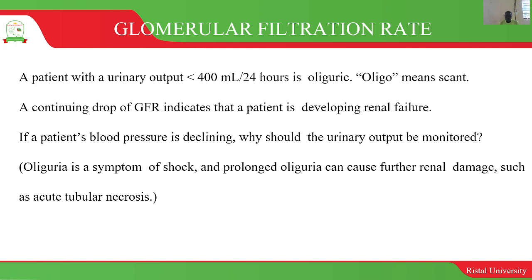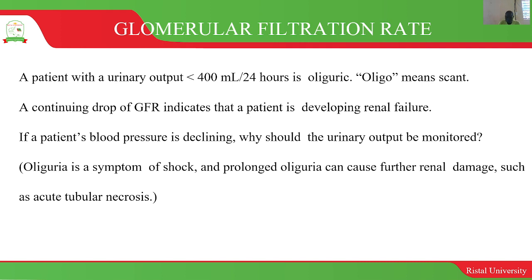A continuing drop of glomerular filtration rate indicates that a person is developing renal failure. If a patient's blood pressure is declining, why should the urinary output be monitored? This is just a question. But we already mentioned that oliguria is a symptom of shock, and prolonged oliguria can cause further renal damage, such as acute tubular necrosis.